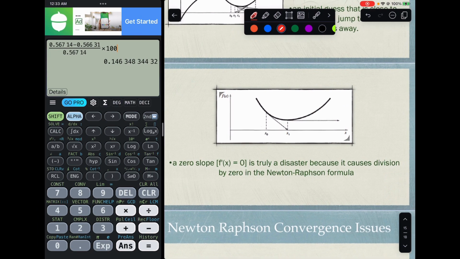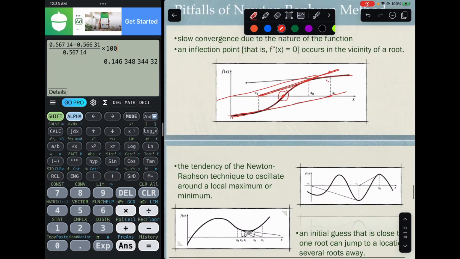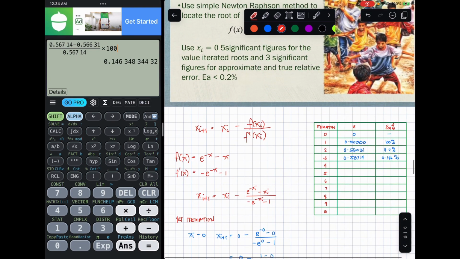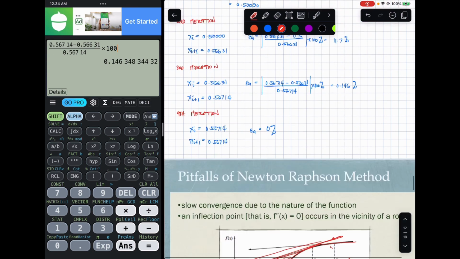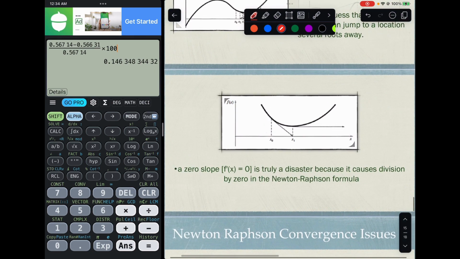One of the problems is if we get an f prime of x equal to 0, that means an undefined root. If the slope is 0, similar to this, let's say we arrive at this particular point, the slope is 0, that means f prime of x is equal to 0, so that will yield an undefined value for x.